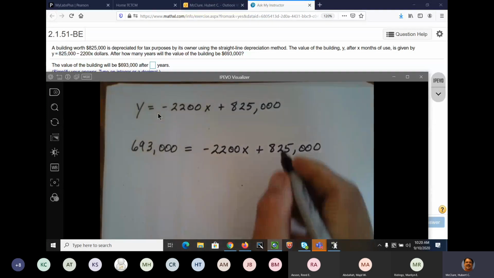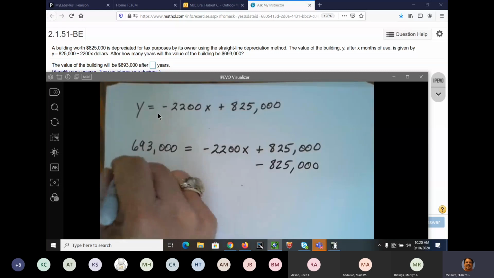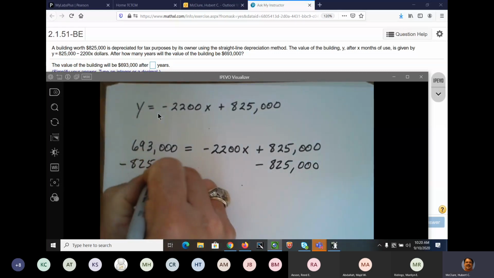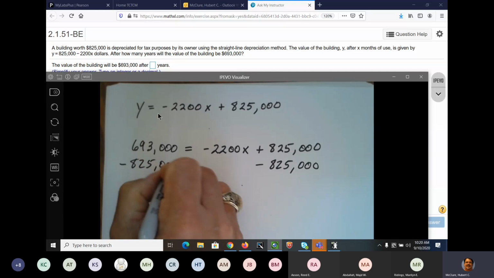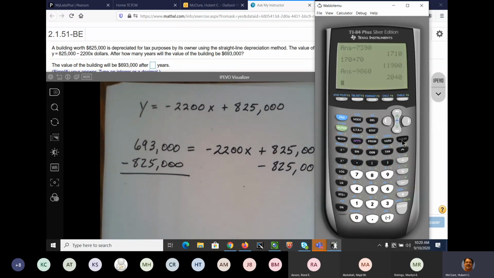So I'm going to subtract 825,000. Take my handy dandy calculator because I suck at subtraction. And that's going to be 693,000 minus 825,000, and that's going to equal negative 132,000.